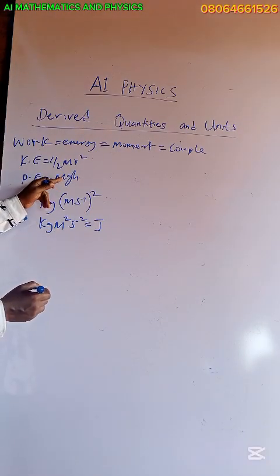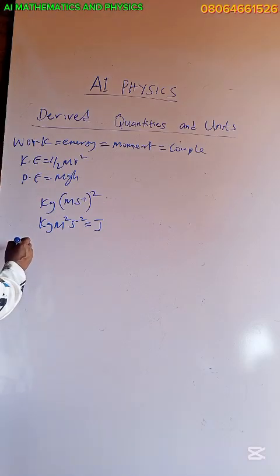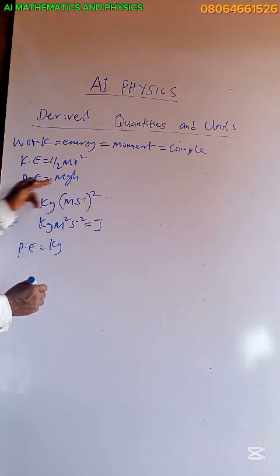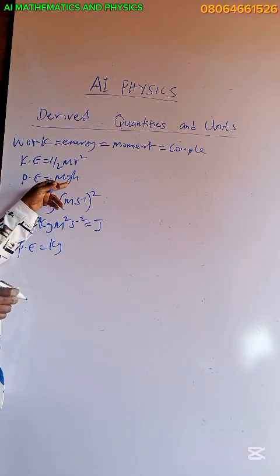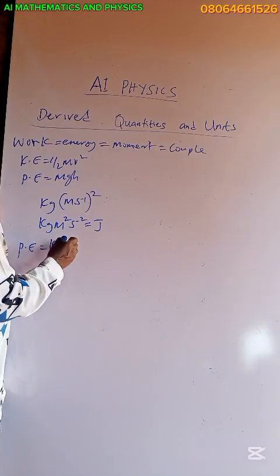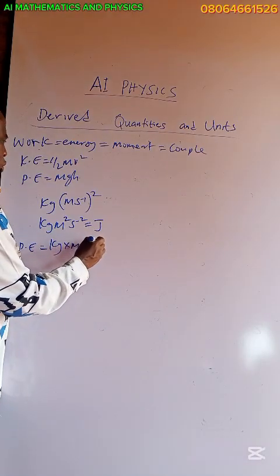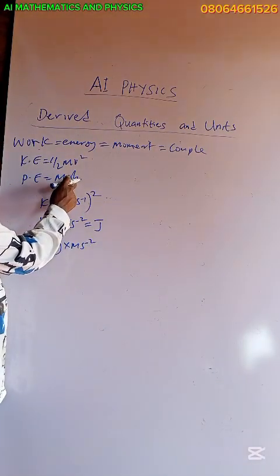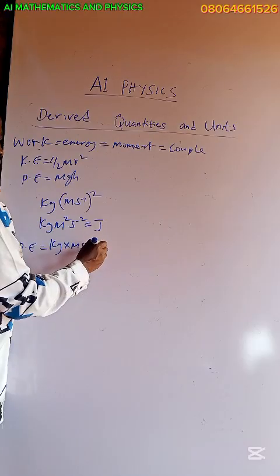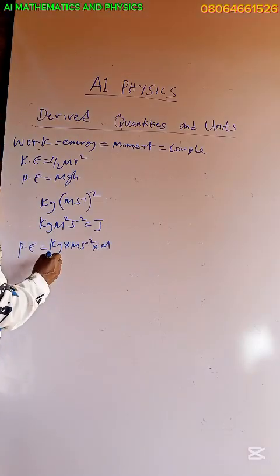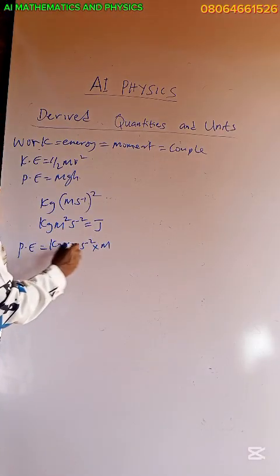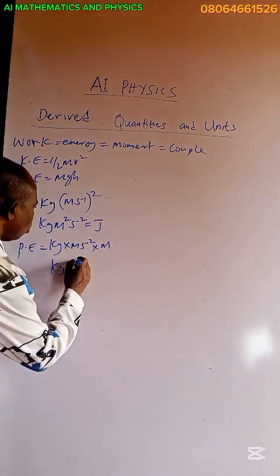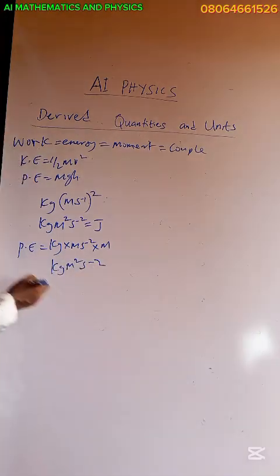If you try this also for potential energy, mass is kilogram, acceleration due to gravity is meter per second square, h is meter. You can see that's meters square per second square. So it's the same thing.